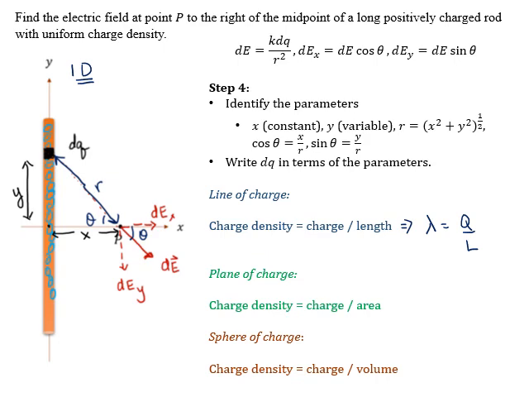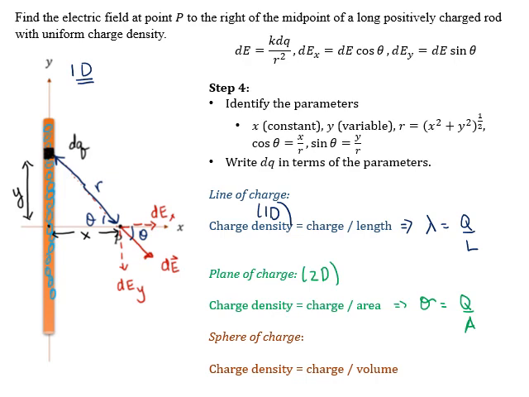So the charge density in a one-dimensional situation is lambda equals charge over length. For a plane of charge, so this would be a two-dimensional situation, the charge density has a symbol of sigma, and it's the total charge divided by the total area. Sometimes this is called area charge density or surface area charge density.